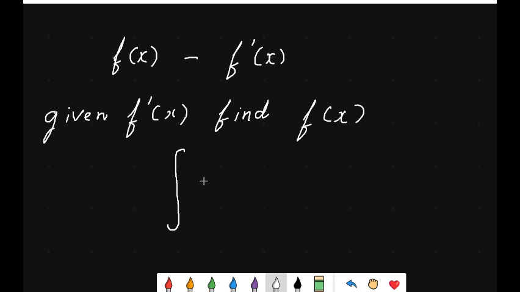Then you say the antiderivative of 2x. So for integration, you just use the integration symbol and you just put the function. But here you also need to provide a dx. If you have a dx there, it's an antiderivative. That's all, okay? And that is equal to x squared plus c, okay?